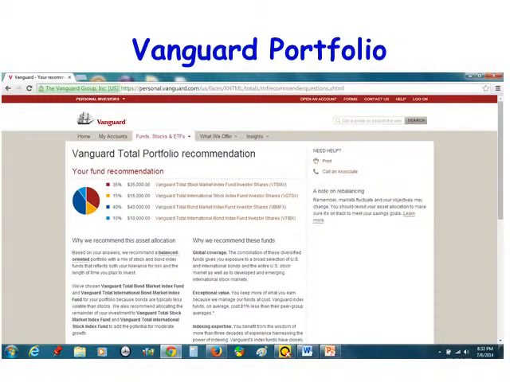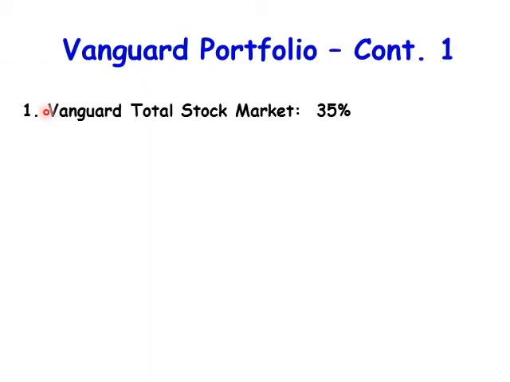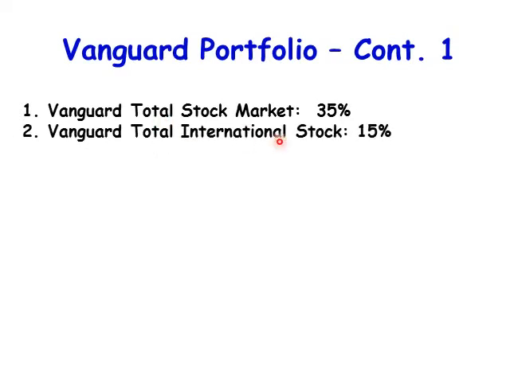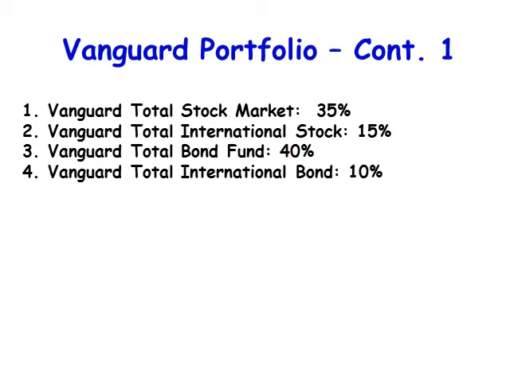So the tool suggested I need to have Vanguard total stock market 35%, total international stock market 15%, total bond fund 40%, and total international bond fund 10%.